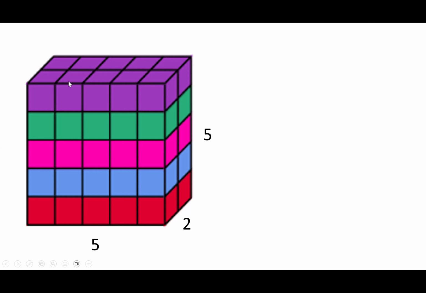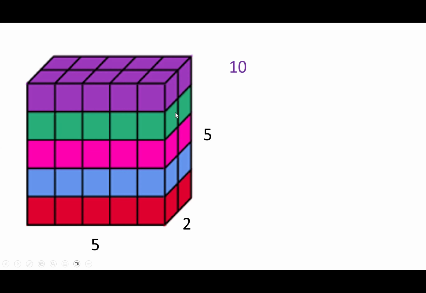Looking at the purple layer, we can easily count the cubes, right? There's 1, 2, 3, 4, 5, 6, 7, 8, 9, 10. So from the purple cubes, there's 10 of them. For the green cubes, I'm not looking at all of them because we have to imagine there's some on the back.